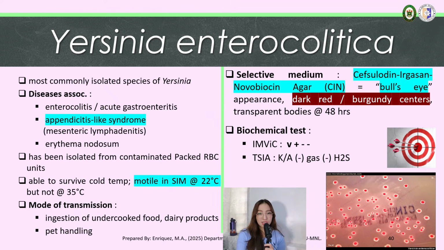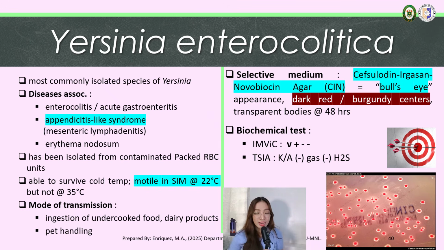Yersinia enterocolitica is the most commonly isolated species of Yersinia, and it causes infections typical of enterobacteria such as waterborne gastroenteritis or enterocolitis. Do take note, though, that this pathogen has the ability to cause an infection whose clinical manifestations can mimic those of someone who is suffering from appendicitis, which is why we have the term appendicitis-like syndrome.